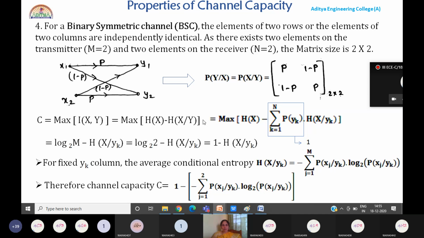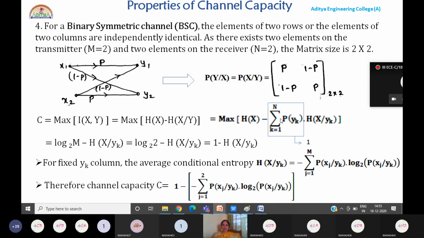So C is equal to the maximum of H(X) minus H(X/Y), the conditional entropy. I told you that in the symmetric channel we represent this conditional entropy in terms of the average conditional entropy H(X/yk), knowing yk.